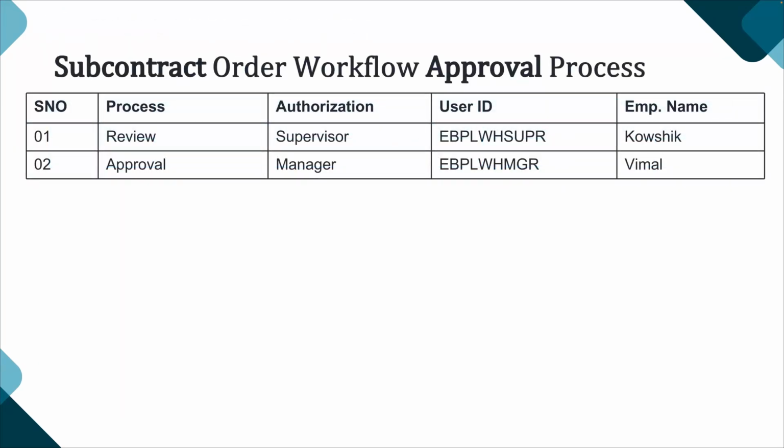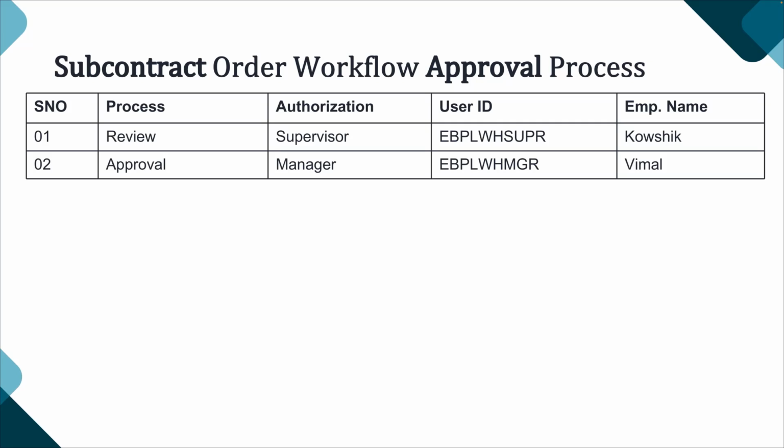And this slide consists of your workflow approval process. So here it has two processes. One is reviewing the document and another is approving the document. After the entries are given by your user, the corresponding document will be forwarded for review and approval. As the first process, a reviewer will be reviewing the document, that's your supervisor.